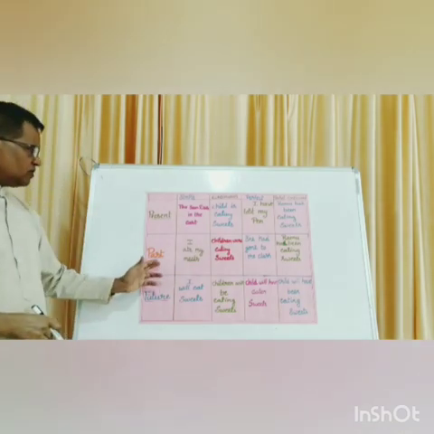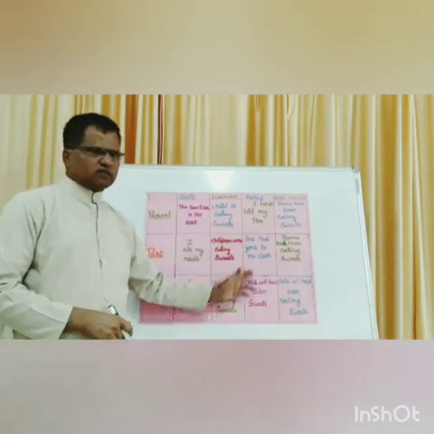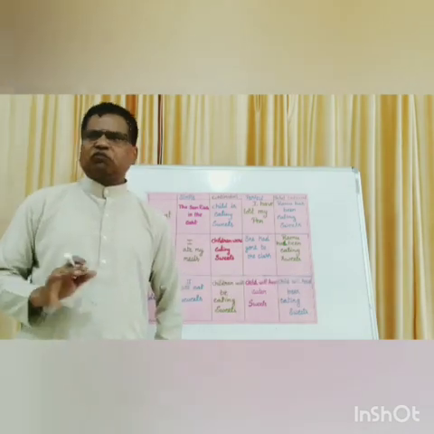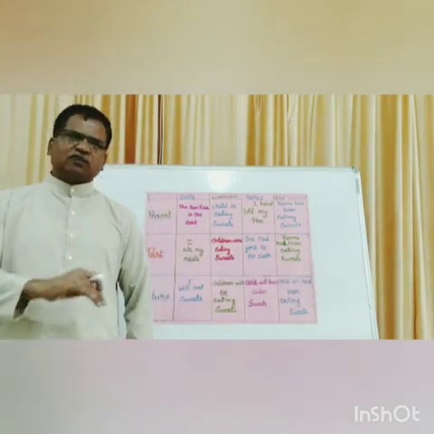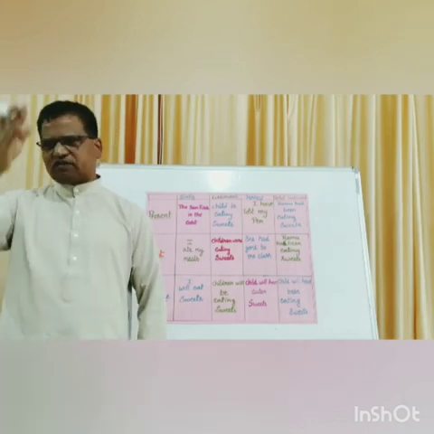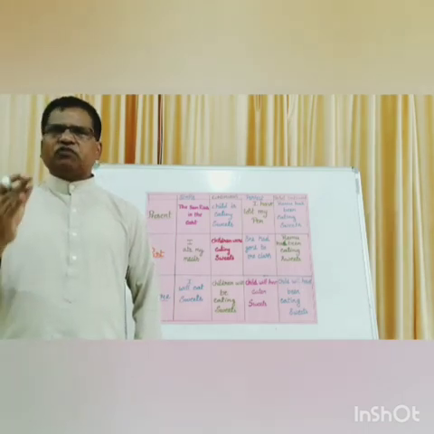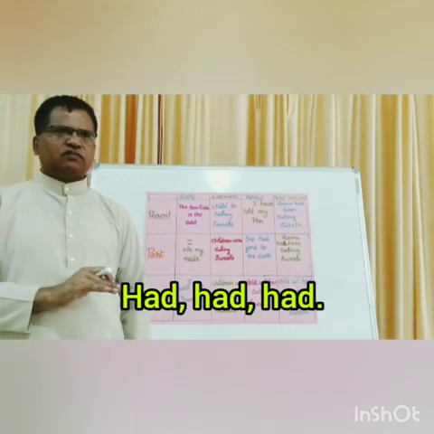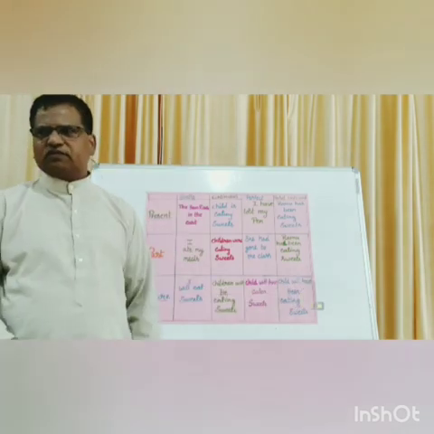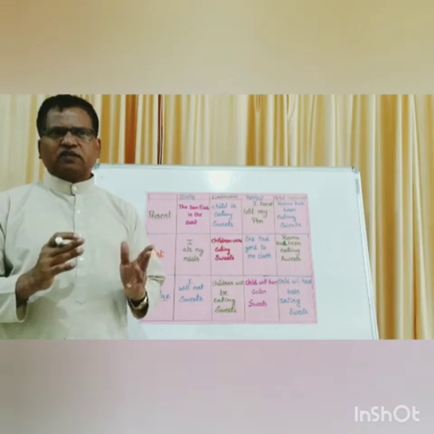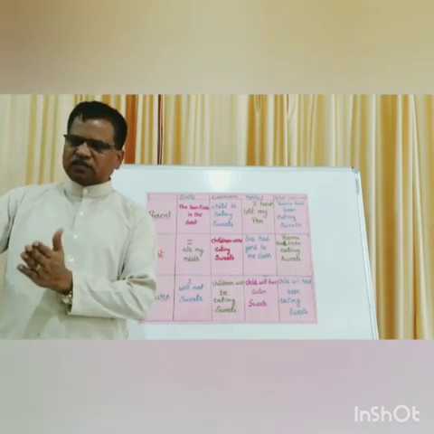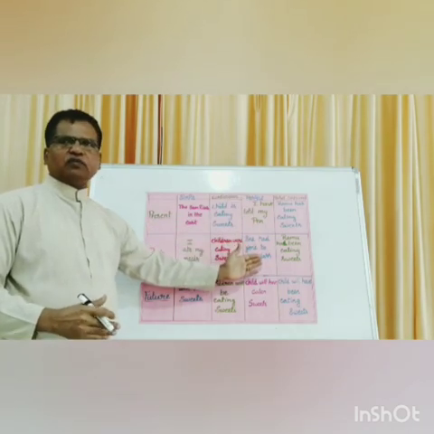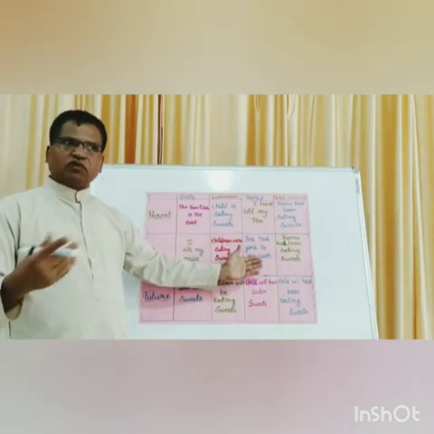Now come to past perfect. Here also, not much worry for us. You know why? Any subject you put, singular, plural, the helping verb will always be had. Any subject. No worry at all for us. And of course, next is the main verb. Because it is perfect, it will carry the V3 form, the third form.